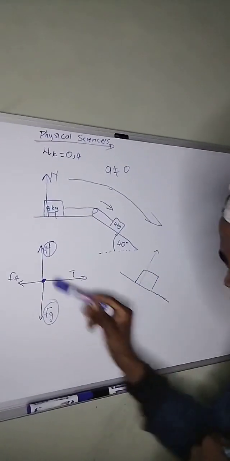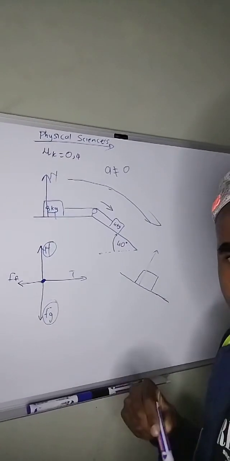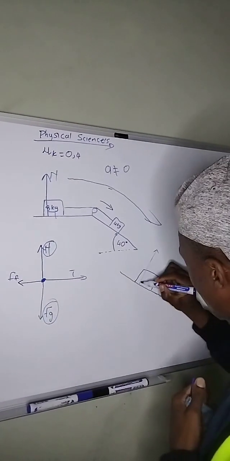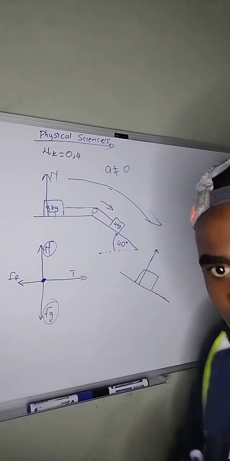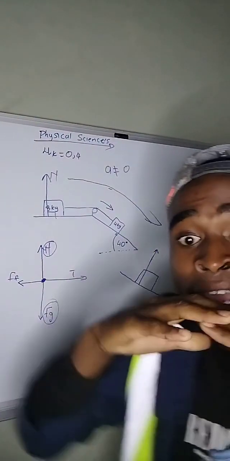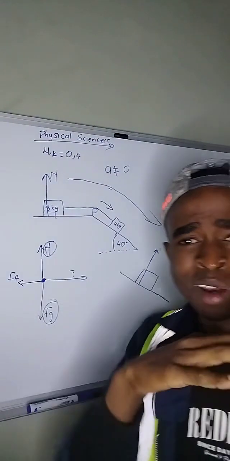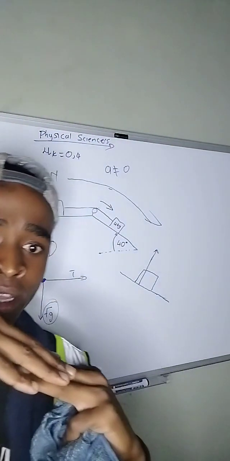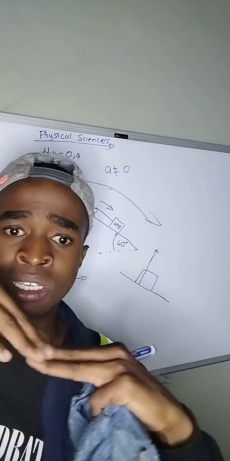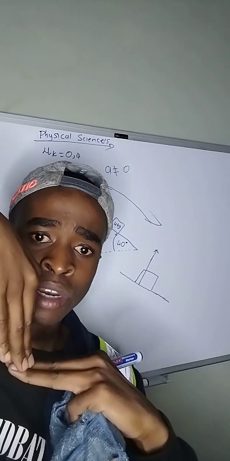So this is our normal force, like this. Where is it facing? I'm trying to draw my normal force being perpendicular to the surface.